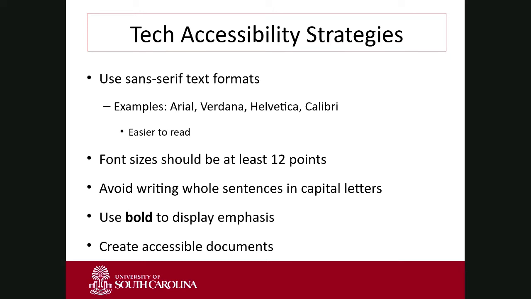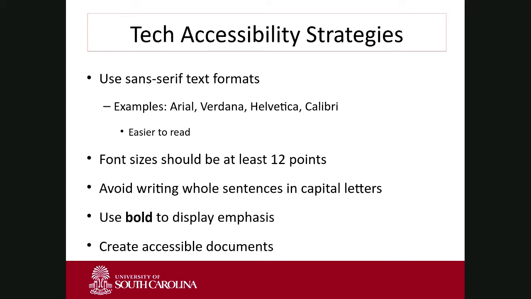One of the most important ways is providing for accessibility and readability. Now, for users who are sighted, using sans serif text formats, so for example, Arial, Verdana, Calibri, is very important. The absence of serifs make those fonts much easier to read.